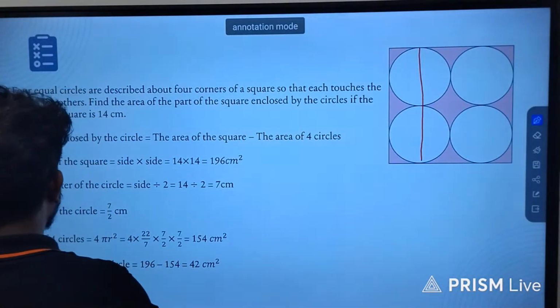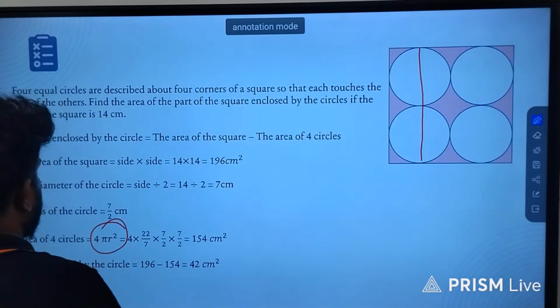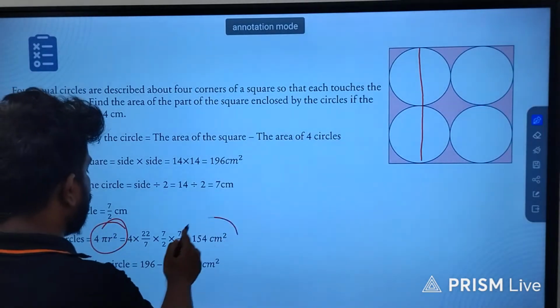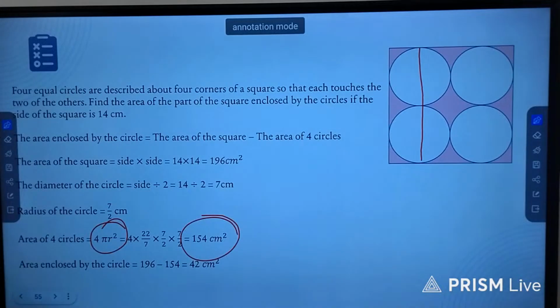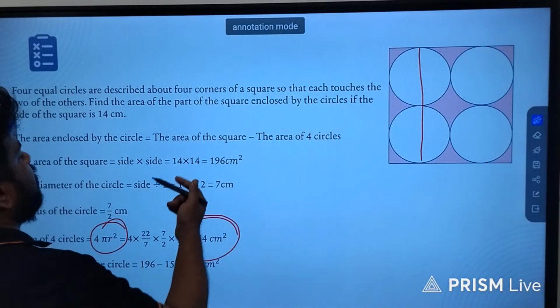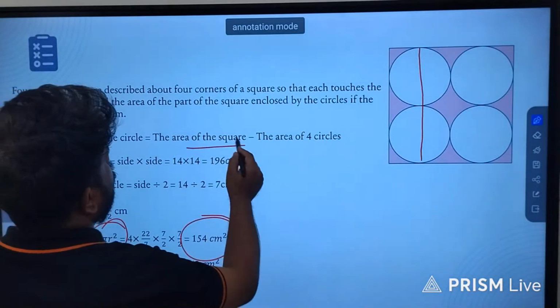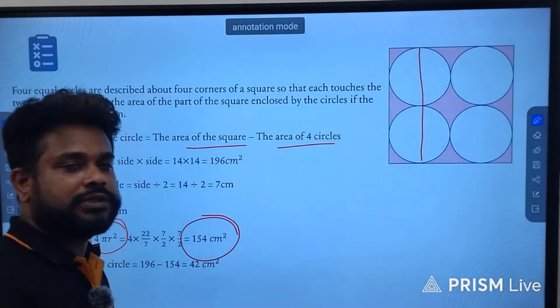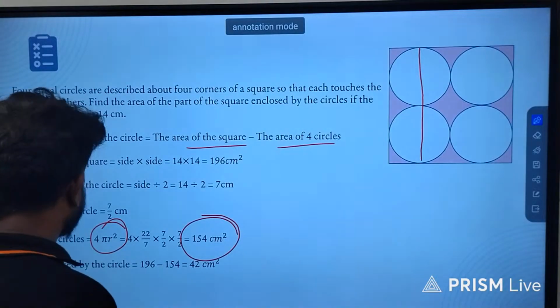Okay, so the area of the 4 circles will be 4 pi r square, and that will be 154 centimeter square. So the area enclosed by the circles will be the area of the square minus the area of the 4 circles. Okay.